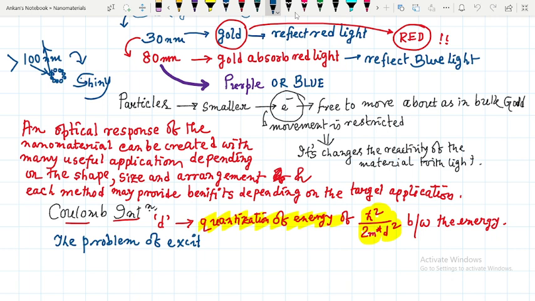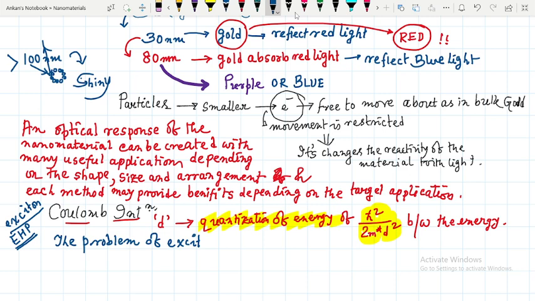Now you can imagine that exciton is nothing but some electron hole pair. Exciton is nothing but the electron hole pair. Okay, we will study in detail what is exciton, but now you can only recognize exciton as electron hole pair.